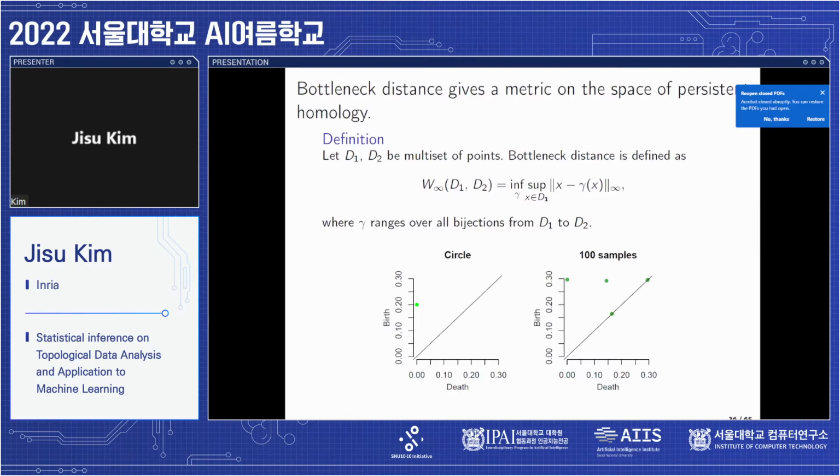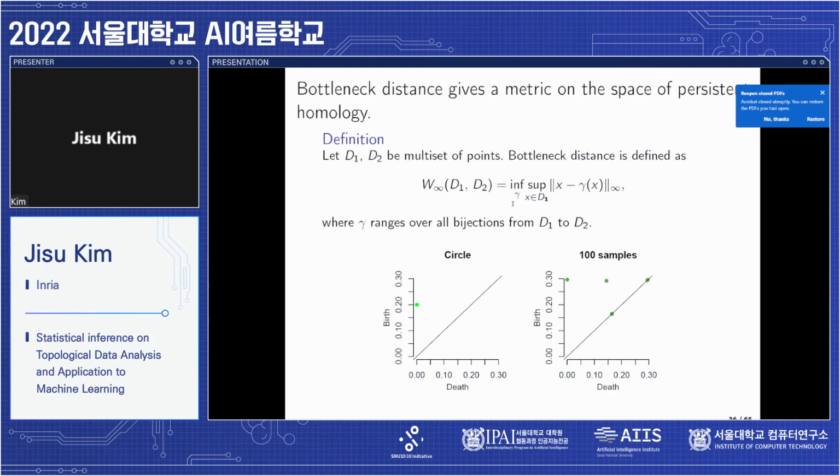And to do the statistical inference, we need some way to say that two persistent homologies are close or far. So that means we need some distance between the persistent homologies.